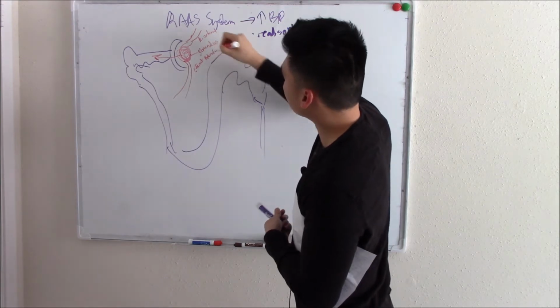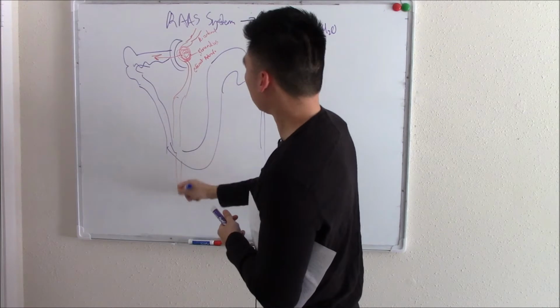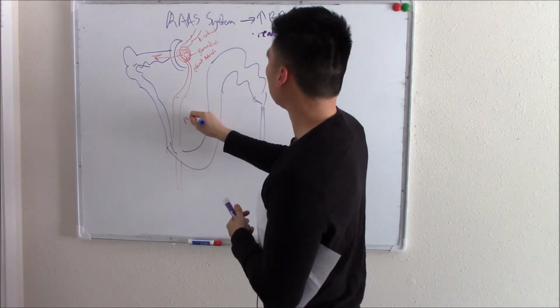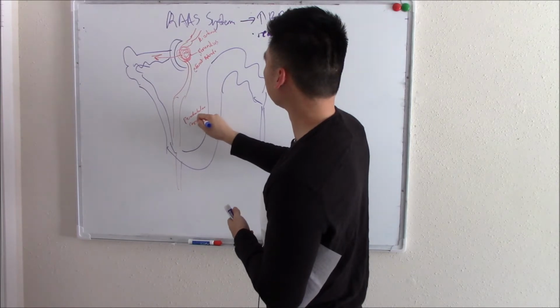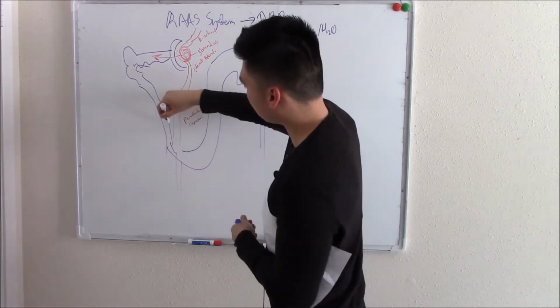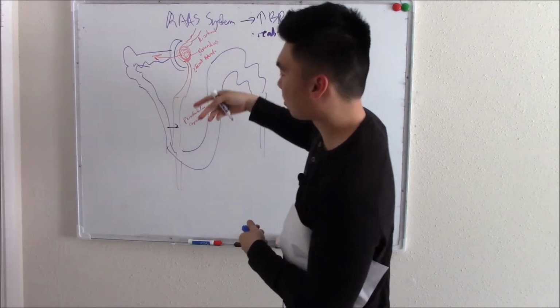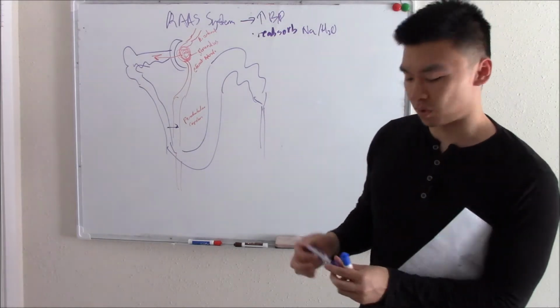Hopefully no problems there. That efferent arteriole will eventually become your peritubular capillary. And if your body wants to reabsorb anything like amino acid glucose, it'll just send it right back in your peritubular capillary. Go back to your body. Simple as that, simple as pie.